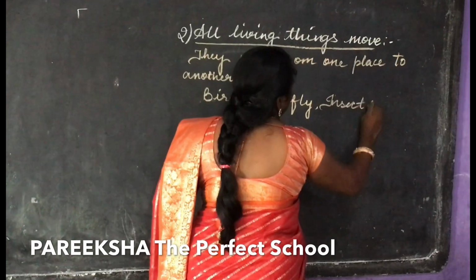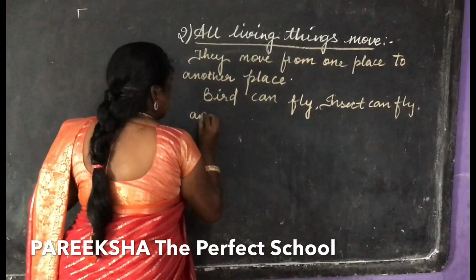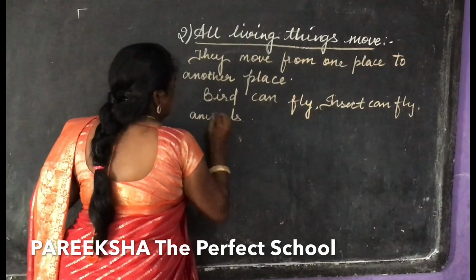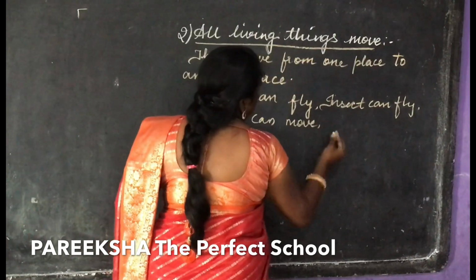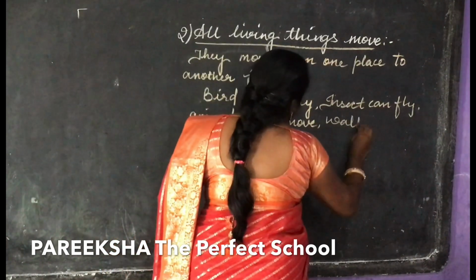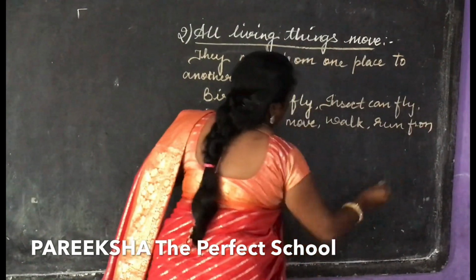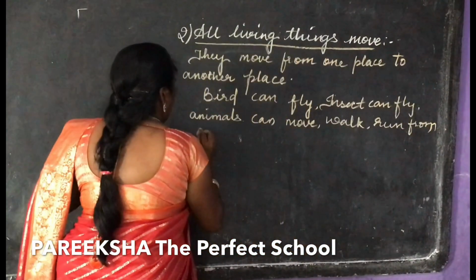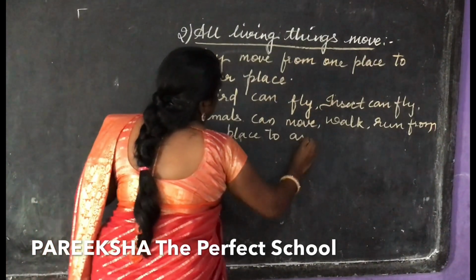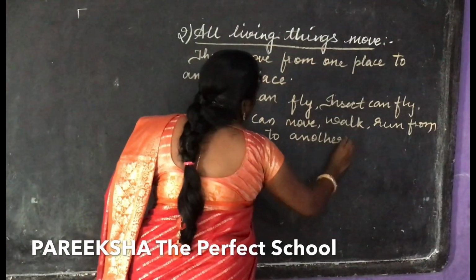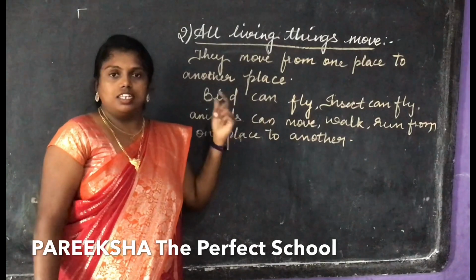An insect can fly. Animals can move, walk, run from one place to another. Not only birds and animals, human beings also move from one place to another place.